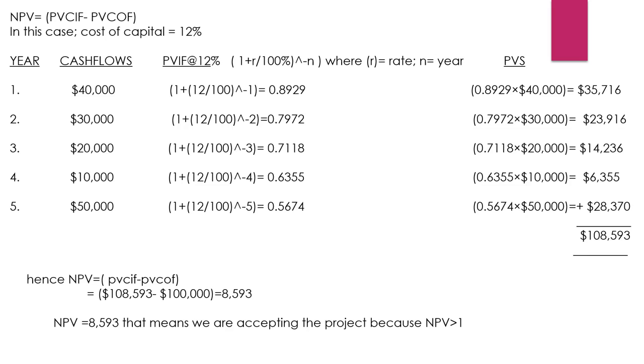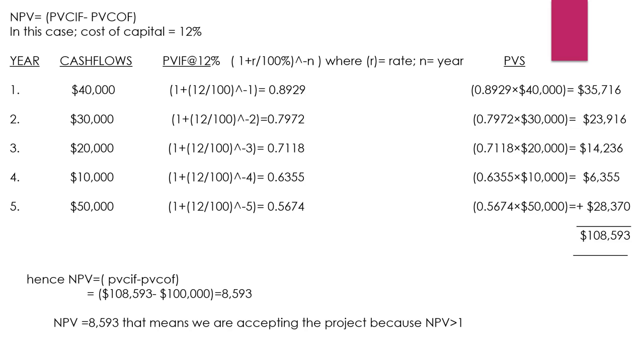So in the third year, the cash flow we are given is $20,000. So the present value of cash inflow will be 1 plus, open the bracket, 12 over 100, close the bracket, raise it to power -3.